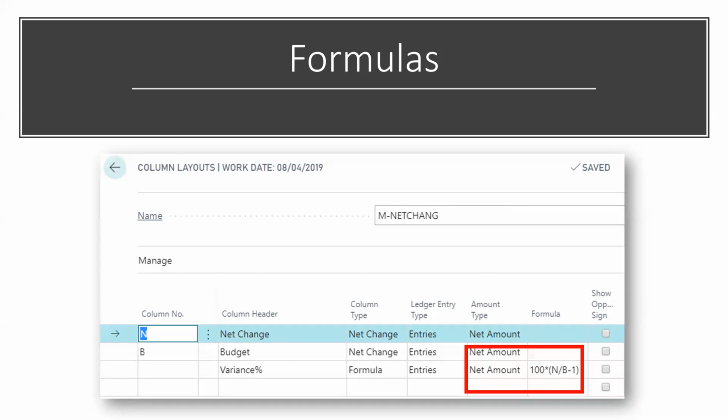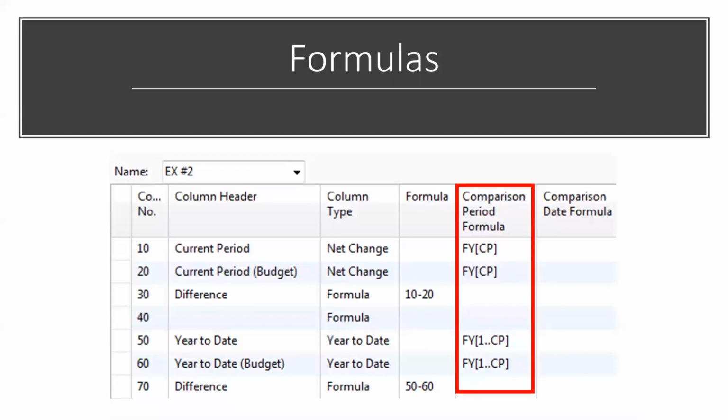So those are the types of formulations. Another type of formula is a comparison period formula, where, in this example, for a column layout I can present my current period in the first line, number 10.